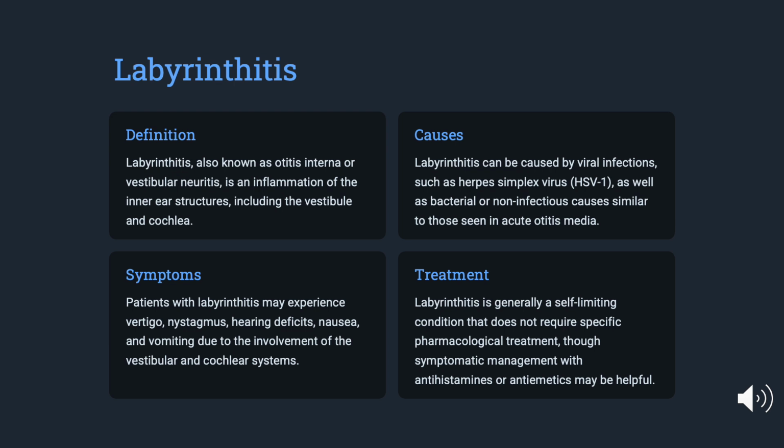Patients grappling with labyrinthitis may endure vertigo, nystagmus, hearing impairments, nausea, and vomiting due to vestibular and cochlear system involvement. Typically self-limiting, labyrinthitis generally doesn't necessitate specific pharmacological intervention, although symptomatic relief with antihistamines or antiemetics may be beneficial.